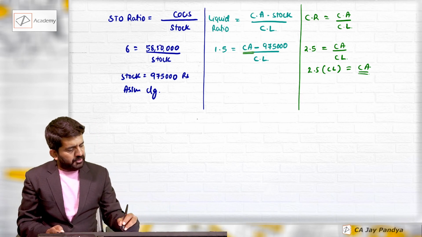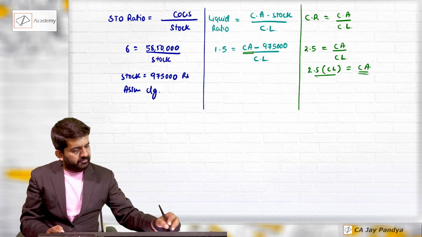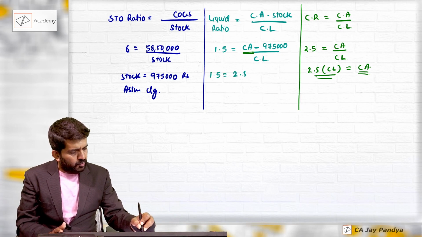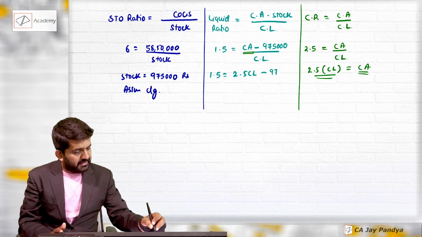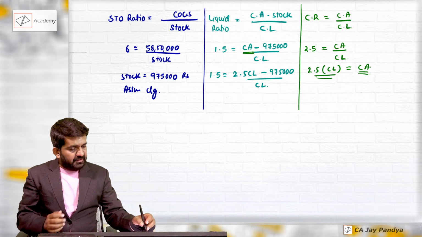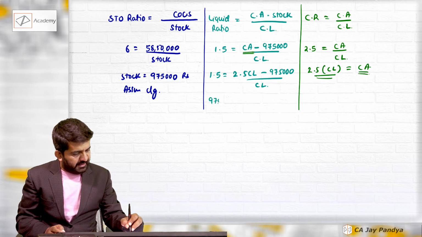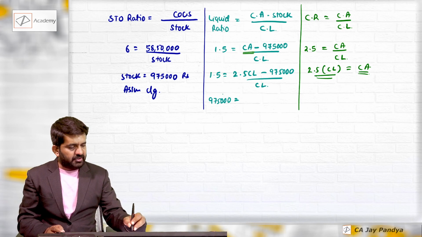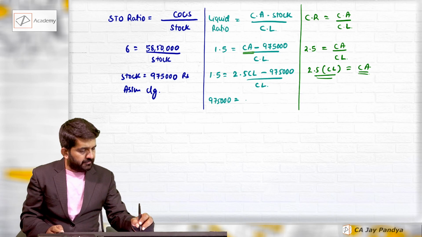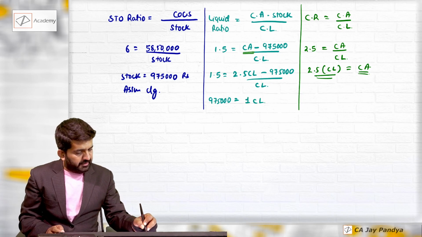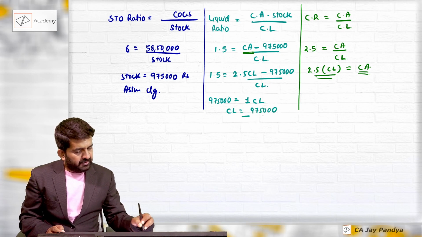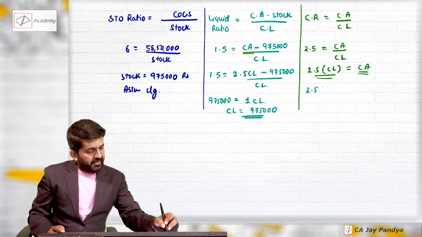Instead of current asset over here, I will be putting 2.5 current liability. 2.5 current liability minus 9,75,000 divided by current liability will be 1.5. The 9,75,000 comes on the side. This is 1.5 current liability. 2.5 current liability minus 1.5 current liability is 1 current liability. So current liability is 9,75,000.